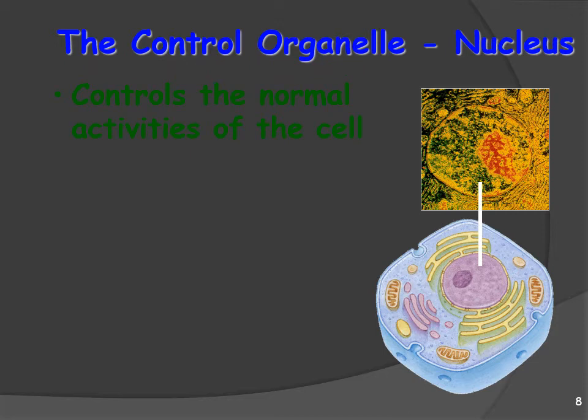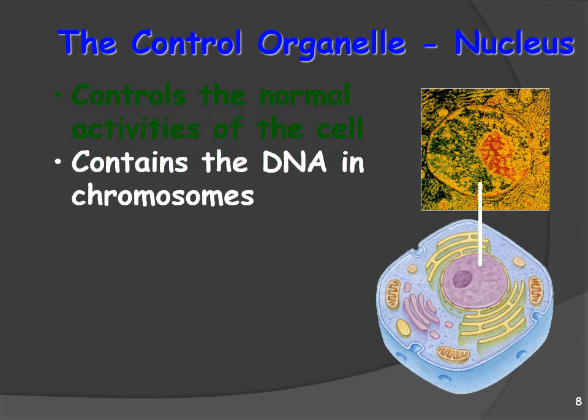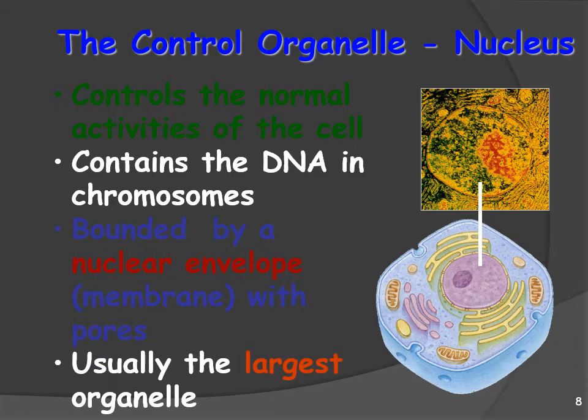It's bound by a double membrane surrounding the nucleus. This double membrane is called the nuclear membrane. It contains nuclear pores that allow things to move into and out of the nucleus. And the nuclear membrane connects to the rough endoplasmic reticulum.